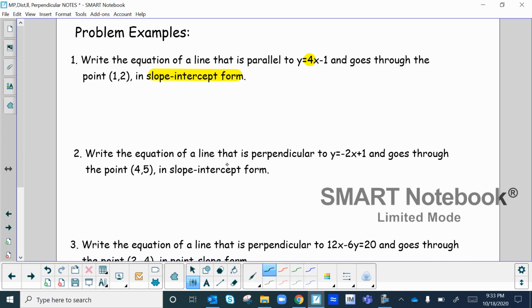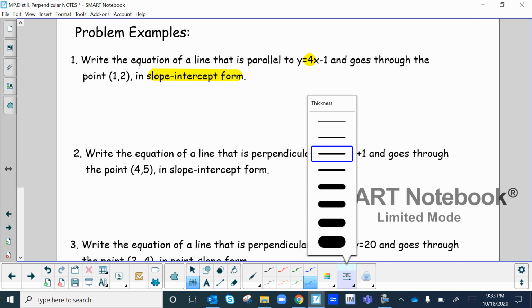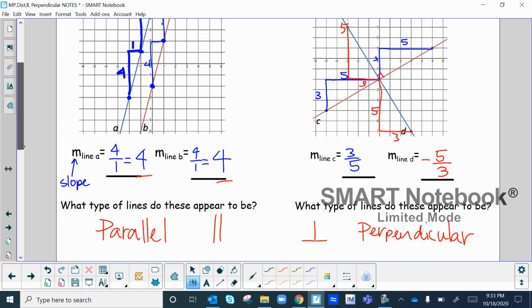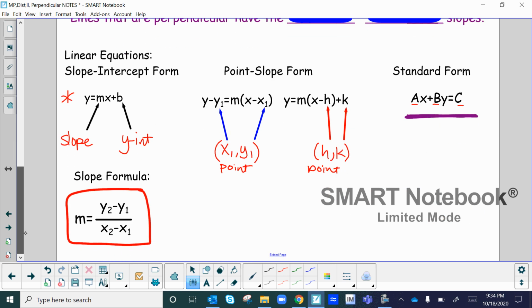So the first thing that I want to write down is, what is the new slope going to be? Our new slope is going to be the same as that one because we have to make them parallel. So our new slope is 4, so we need to keep it the same. And we know it goes through the point 1 comma 2. So I'm going to flip back real quick to our equations.